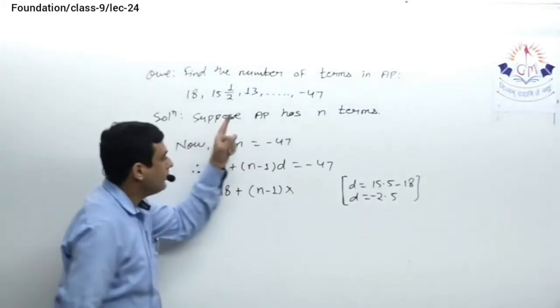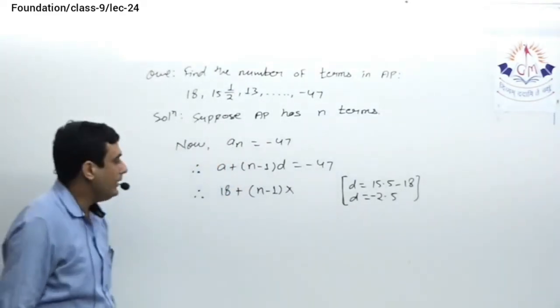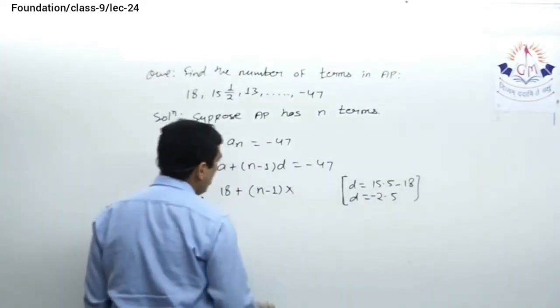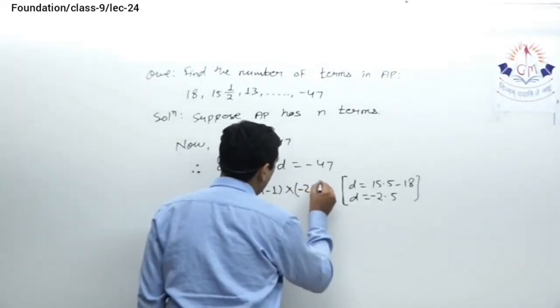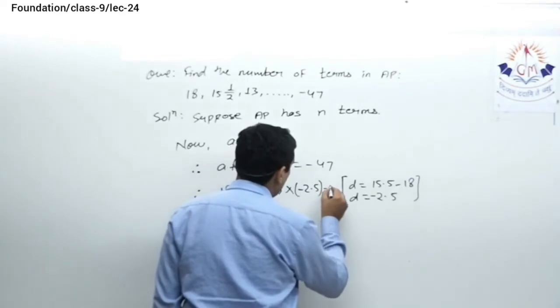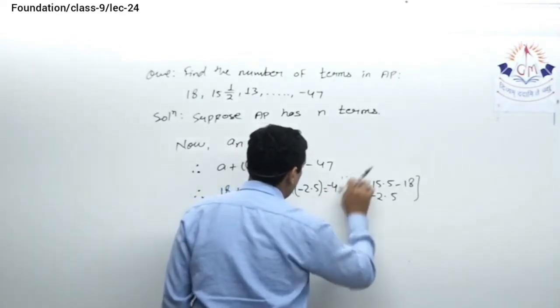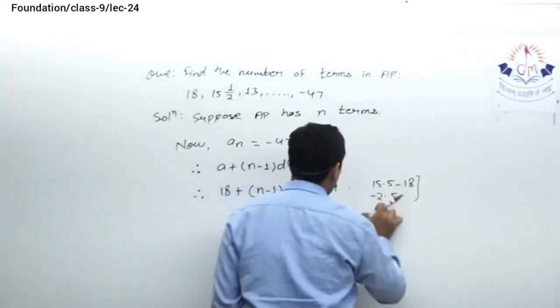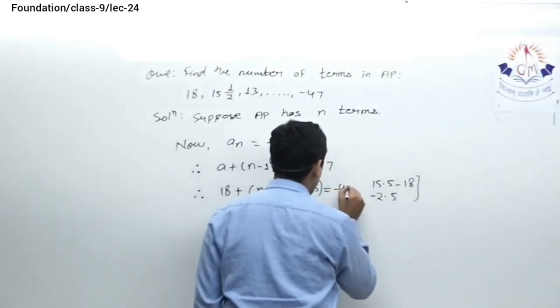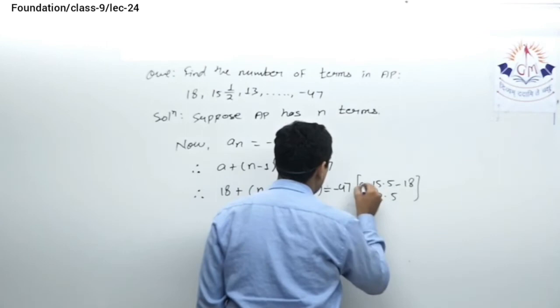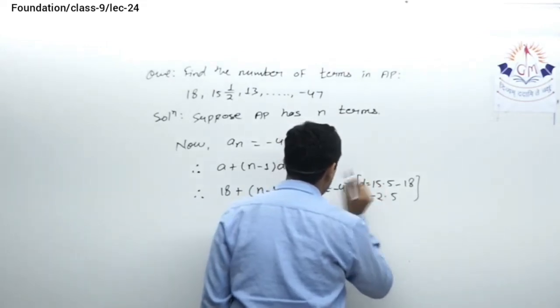It's a decreasing AP, so obviously the common difference will be negative. So 18 plus N minus 1 into minus 2.5 is equal to minus 47.